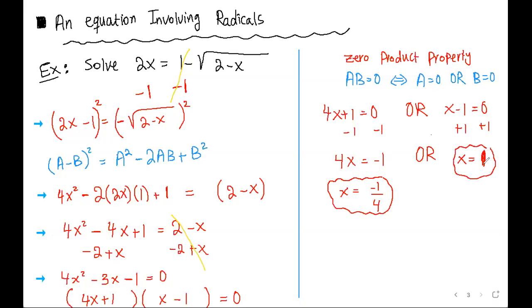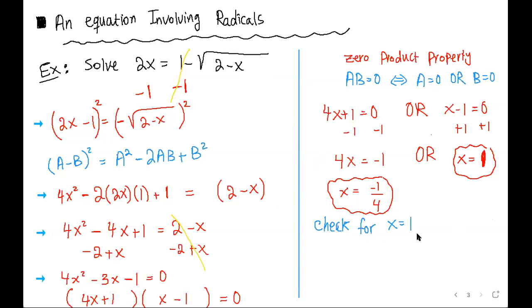Now I have to check again. I have to check whether these are solutions or not. So I got two solutions, but I have to check first that they are solutions by plugging this number inside this equation and this number inside this equation. Okay, let's check it. So here, check for x equal 1.